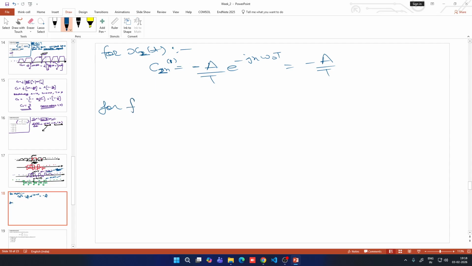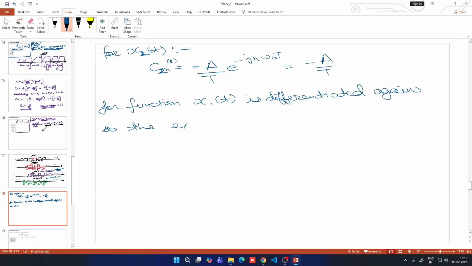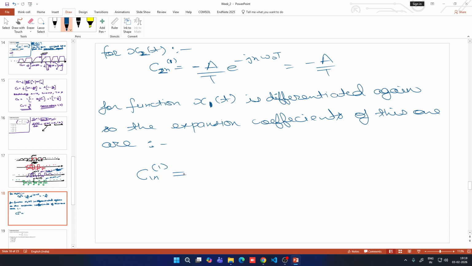Now for function x1 of t, x1 of t is differentiated again, so the expansion coefficients for this one are c x1 of t, so c1n subscript 1, sorry, now the subscript will be 2 because we have done a second differentiation also.